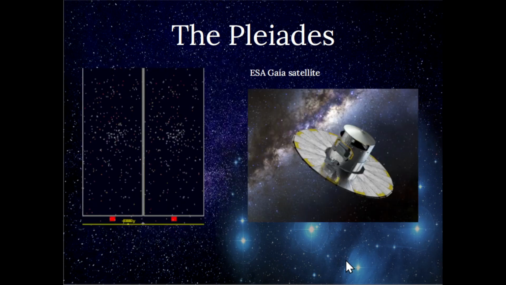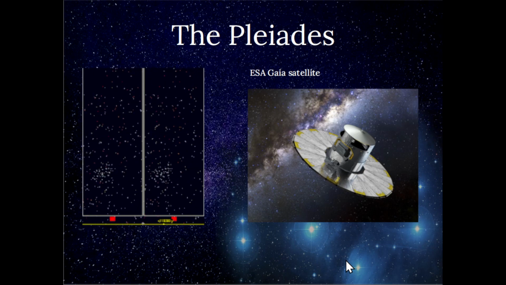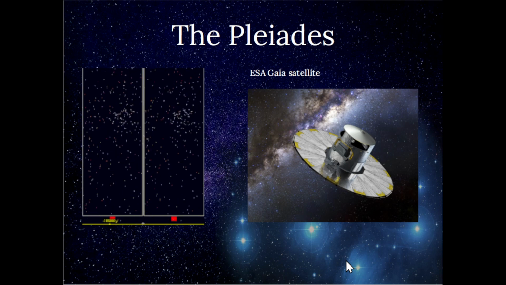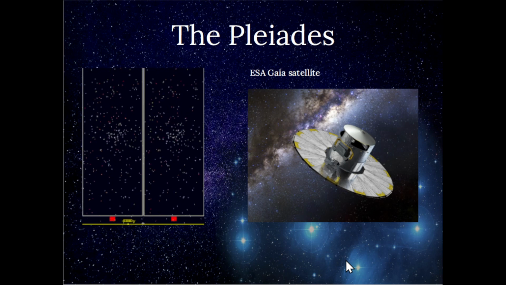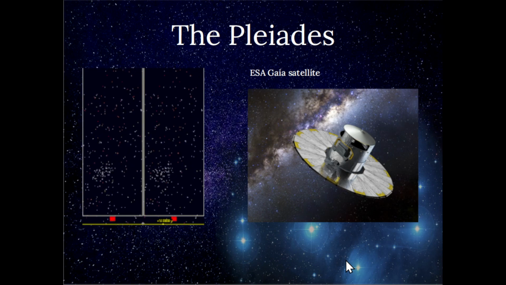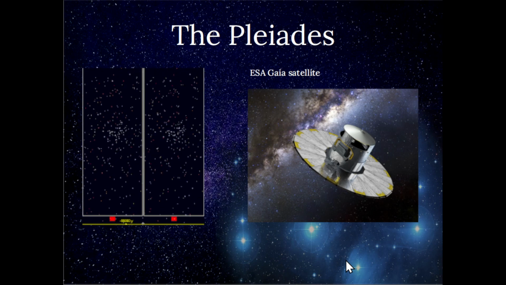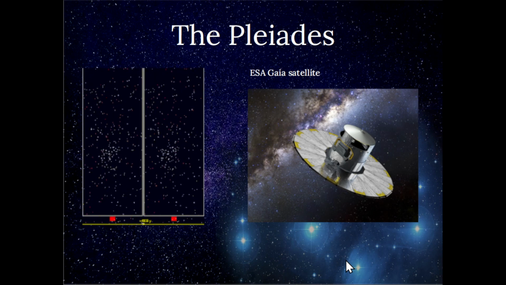And this is the proper motion of the Pleiades against the fixed stars behind them, generated from information from the European Space Agency Gaia satellite that measures all of the motions of the stars around us.